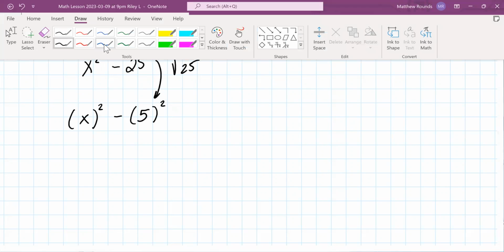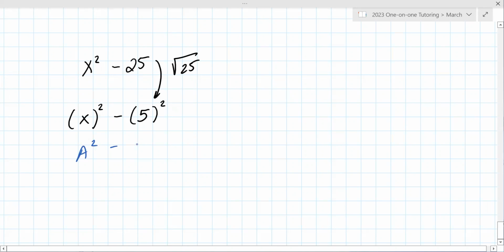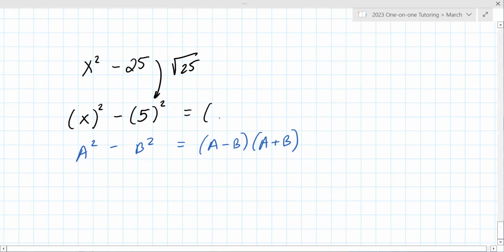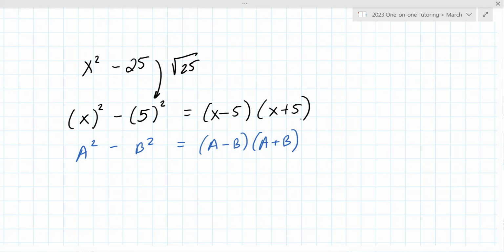So now I'll write the formula again here. A squared minus b squared becomes a minus b, a plus b. So this becomes x minus 5, x plus 5. And what do you do after that?